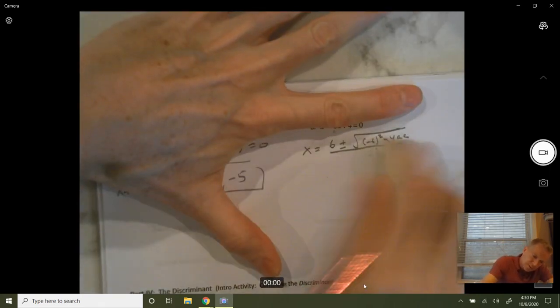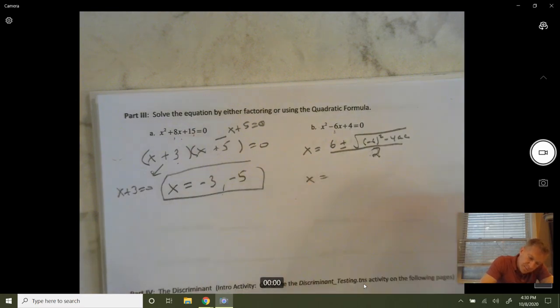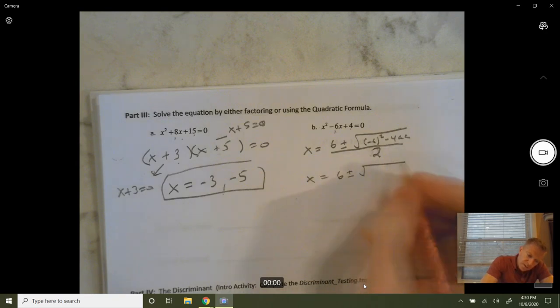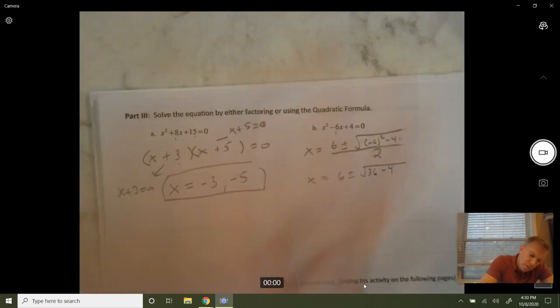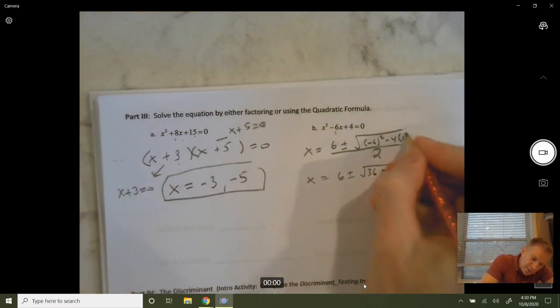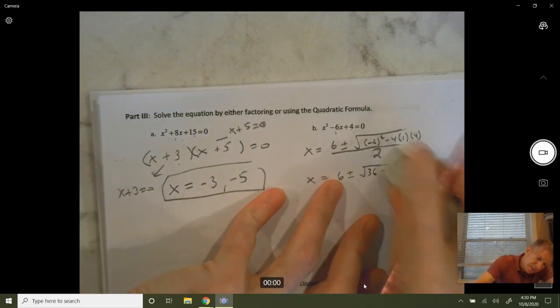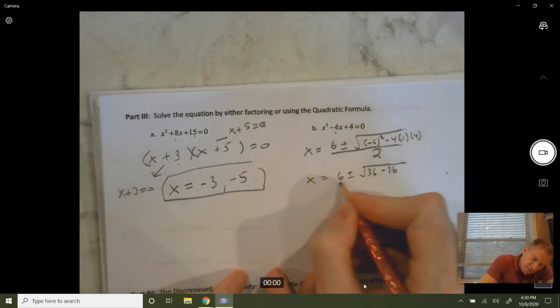So x equals 6 plus or minus the square root of 36 minus 4 times 1 times 4. We know a and c. So that's 36 minus 16 over 2.